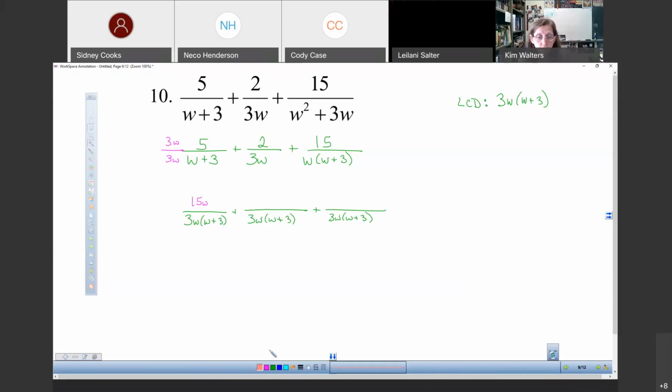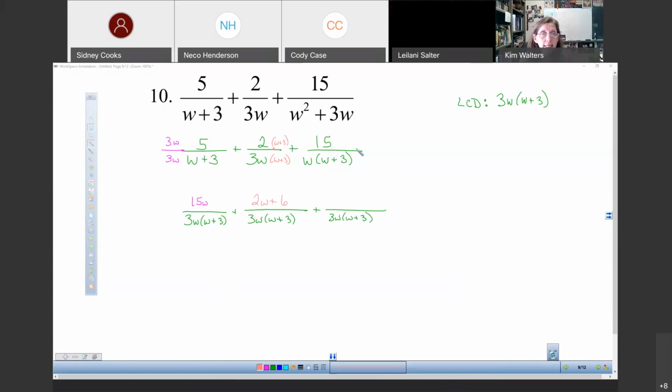In the second fraction, I need to multiply the denominator by W plus 3. Because what I multiply times this is going to have to give me this new denominator. So in the top, I multiply by W plus 3. And that gives me 2W plus 6, making sure I'm distributing that, okay?